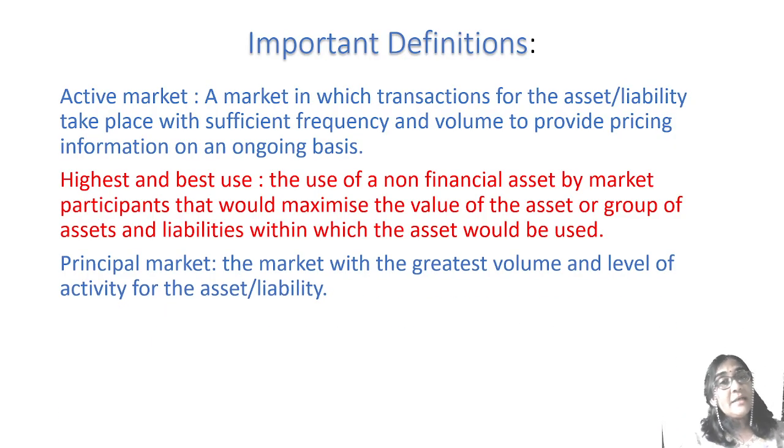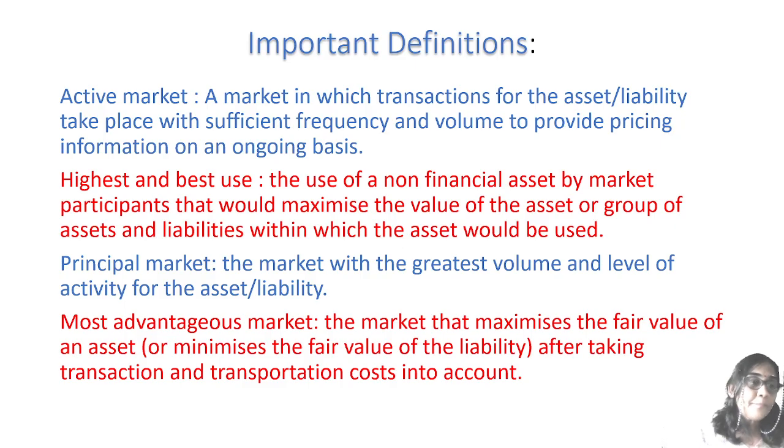The principal market. The market with the greatest volume and level of activity will be considered as the principal market. The most advantageous market. So the market that maximizes the fair value of the asset or minimizes the value of the liability after taking into consideration the transaction cost and the transportation cost into account.